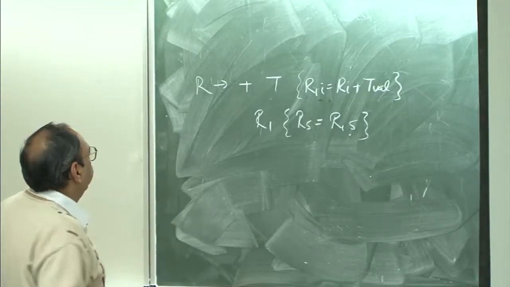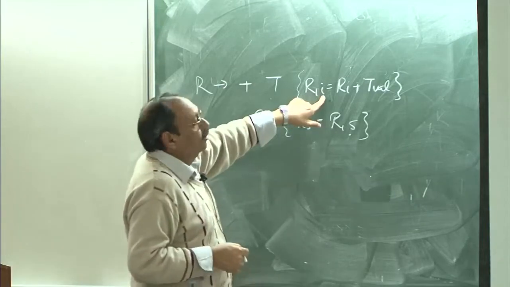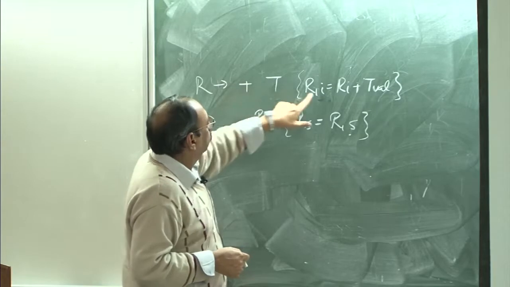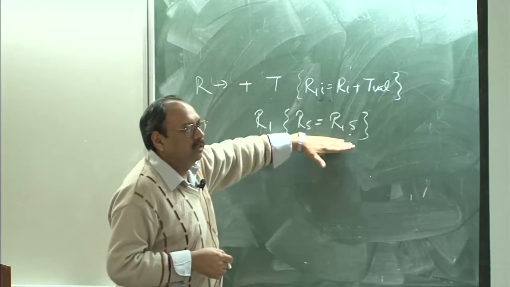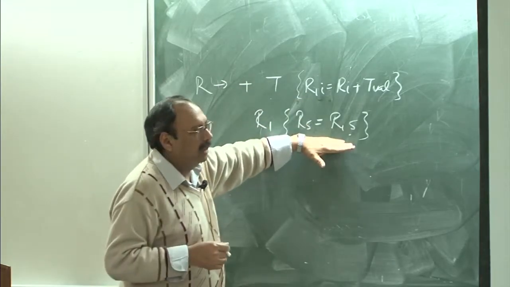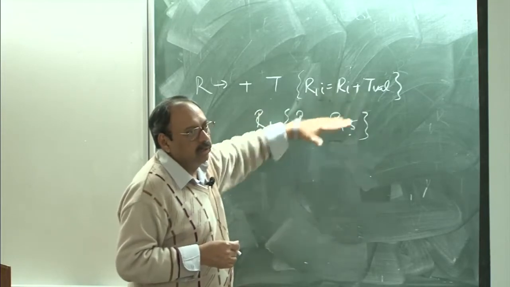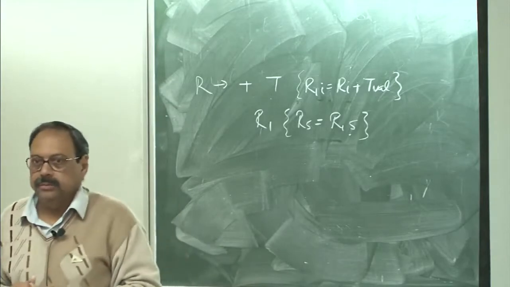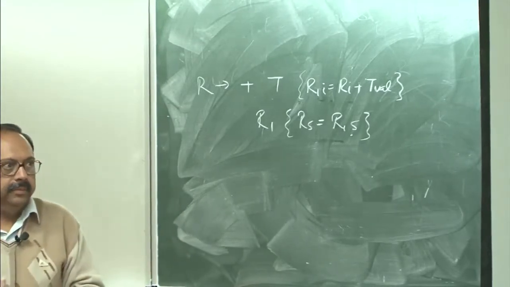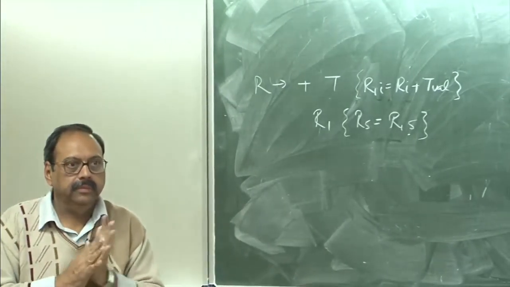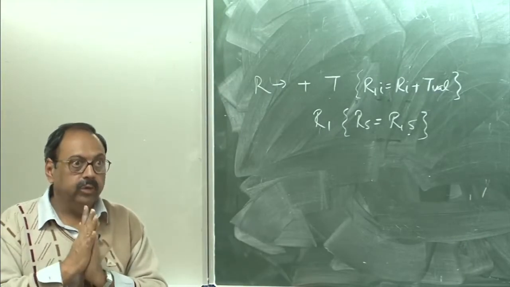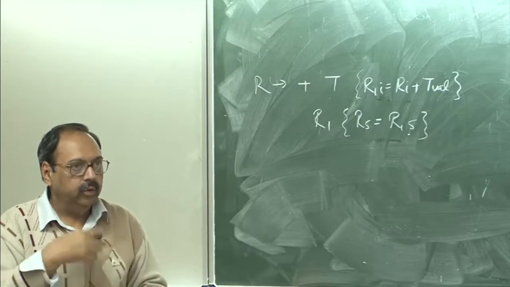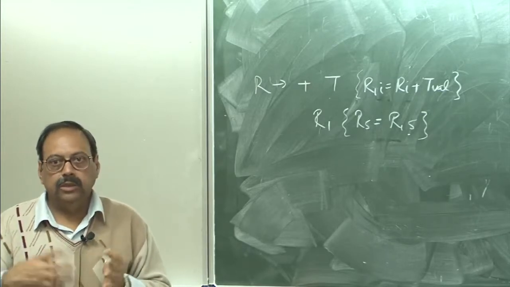So, 1, 2, 3, 4 and 5 symbols. Now, this one is already at the end, so I do not worry about it, but this one is embedded somewhere. How do I take it to the end without changing my computation order? Again we will have to think of a general method. We may deal with examples to understand it, but finally we have to come up with a general algorithm.